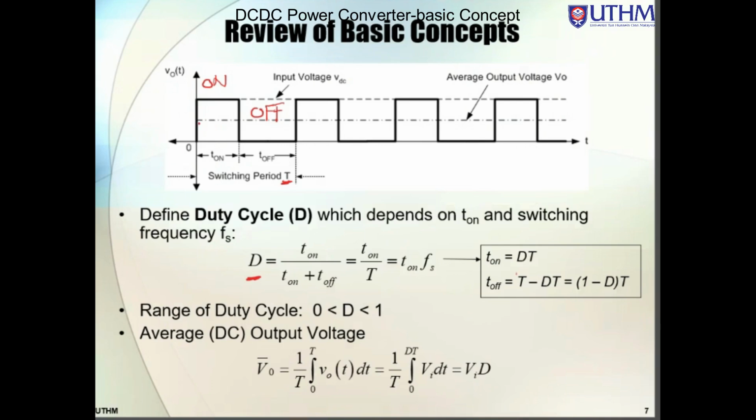In this figure, we can see how many cycles we have. This is the first cycle, this is one complete cycle, then the second cycle, then the third complete cycle, and the next cycle is not complete.